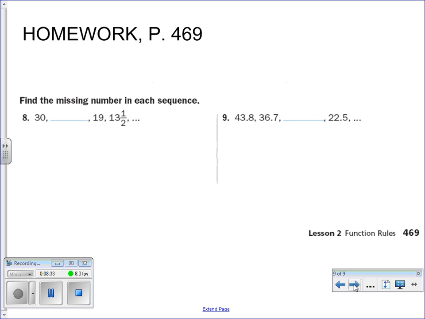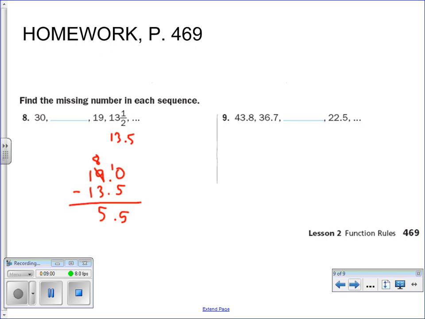Going down. If the numbers are going down, it must be subtraction. It must be division. But I'm going to go for subtraction because it's easier. Now I see this maybe I could change to 13.5. So if I take 19 minus 13.5, notice how I'm lining up the decimals. I'm going to get 5.5.